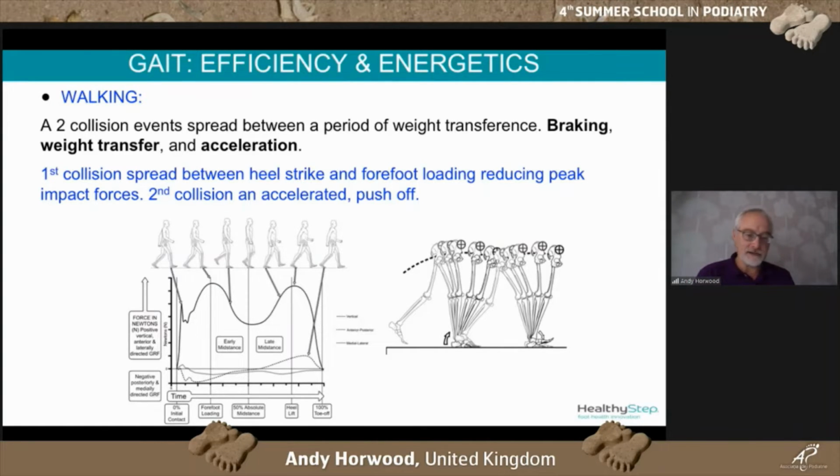The first collision is an impact that spreads its impact forces over two contact events, one at heel strike and the other at forefoot loading. Now, this is one of the great advantages of human bipedal gait, because we're able to spread those impact loads over two events rather than during a single impact when all the forces are concentrated into that impact.